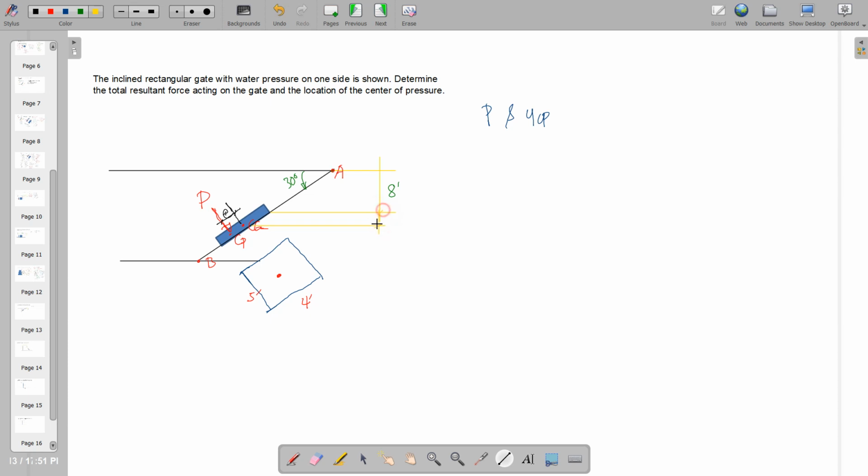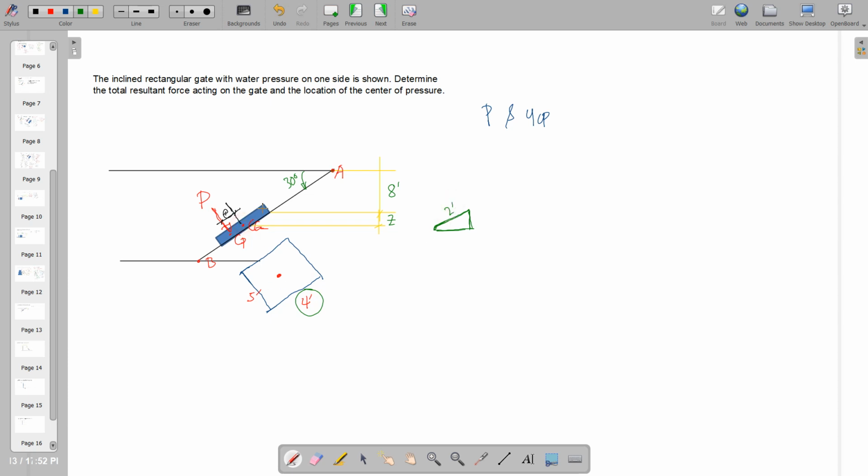So of course we consider this dimension, we label that as Z for a while, and we can see that Z is related to the dimension of the gate, or the width of the gate, and that could be represented by a triangle. Say this is half of the width of the gate, and the width of the gate is 4 feet, therefore this is 2 feet.